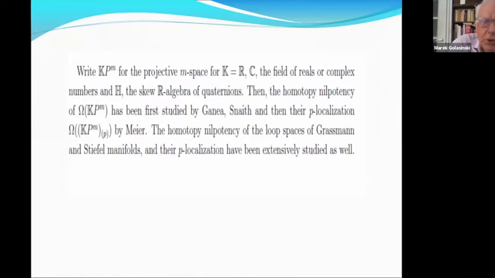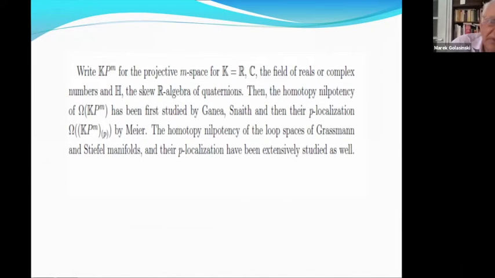Also, it was shown that for complex numbers, the nilpotency class of projective space is not greater than 7. But recently, in one of my papers, it was shown that if you have a projective space over quaternions, then this nilpotency class is finite, but unfortunately the value is unknown up to now to me.